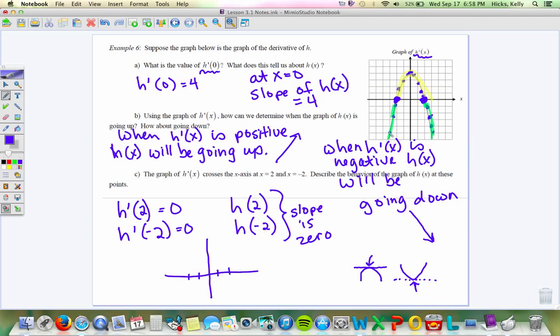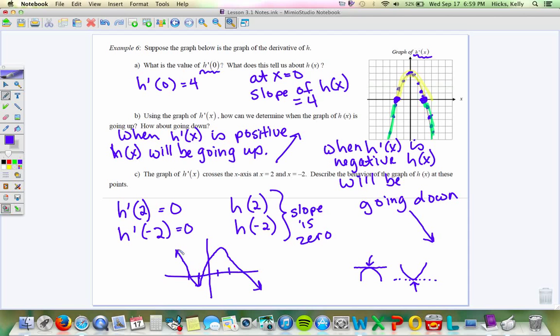So if you start off here, when your slope is negative, and then your slope has to hit a point where the slope is 0, and then all of a sudden your slope is positive, what is it going to look like? Well, it's going to do something like this.